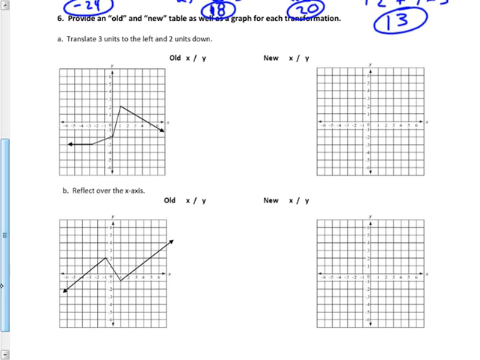Number 6, provide an old and new table. So this is ordered pair tables like this. I just couldn't get the tables to be in there. And so I'm going to pick some points on the old graph. I'm looking for places that these cross on the crosshairs. So I've got -5, -3. This one's not a good point. Right here, that's not a very good point.